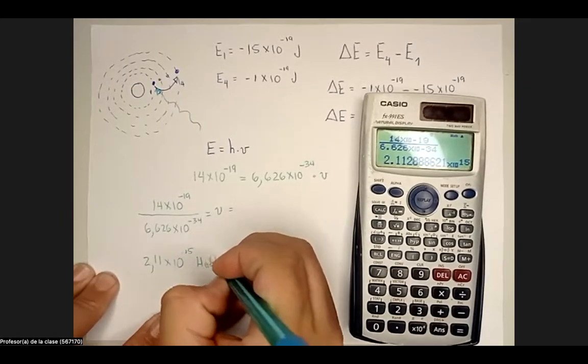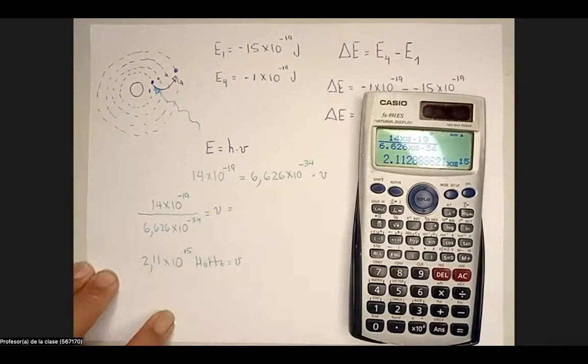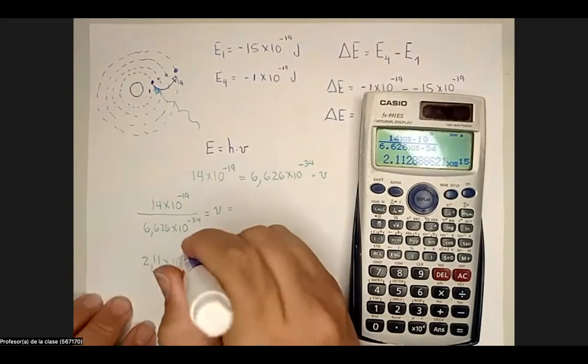Remember, hertz is the unit of the frequency, right? Okay, so there it is. I found the frequency of the photon that the electron is absorbing to do the jump. Okay, excellent.